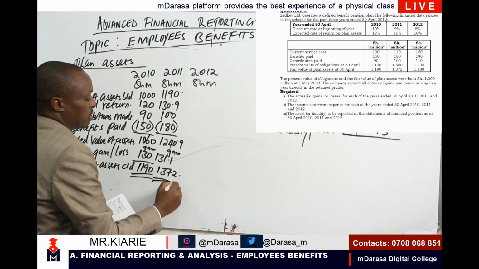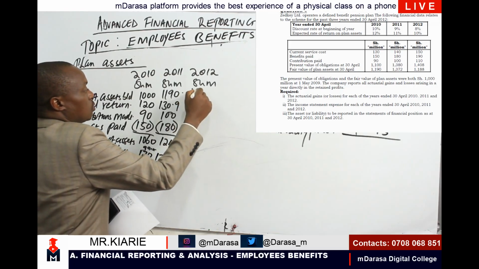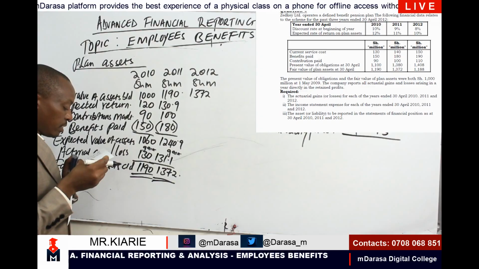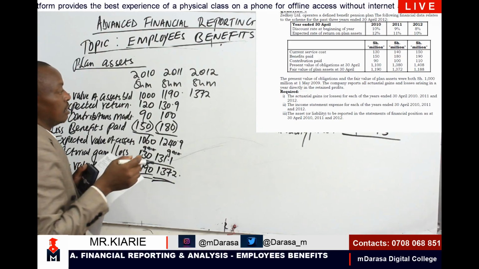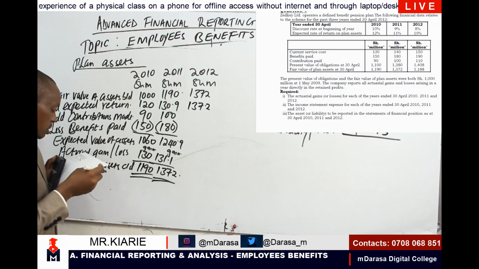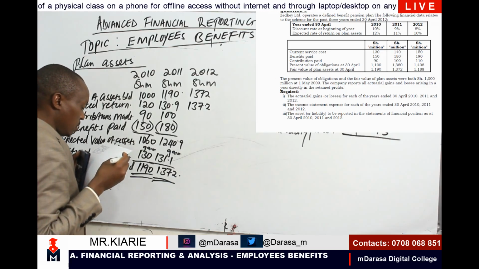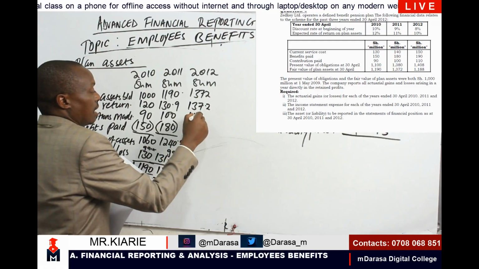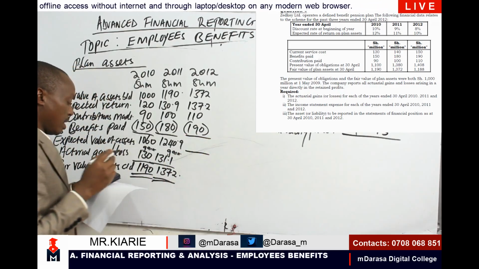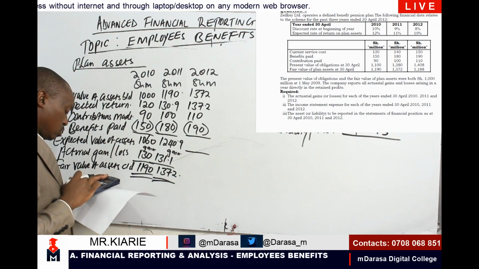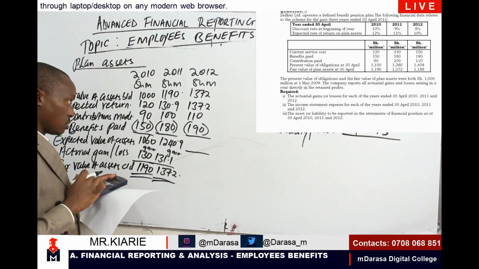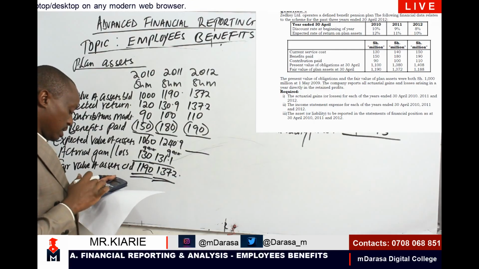I open 2012 with 1372. Expected rate of return in 2012 is 10%. This is 137.2. Contributions paid in 2012 was 110, and the benefits paid were 190. Therefore, the expected value will be 1372 plus 137.2 plus 110 minus 190.